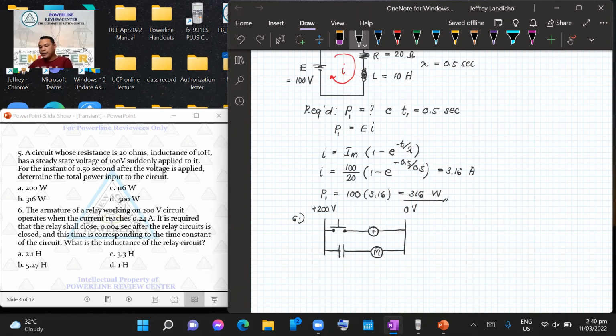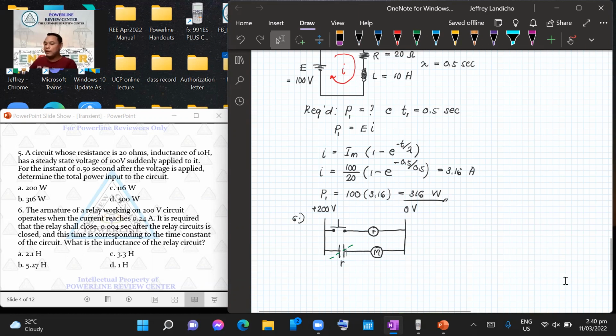So when our relay is energized, this contactor R will close, and therefore our motor gets a source and starts.